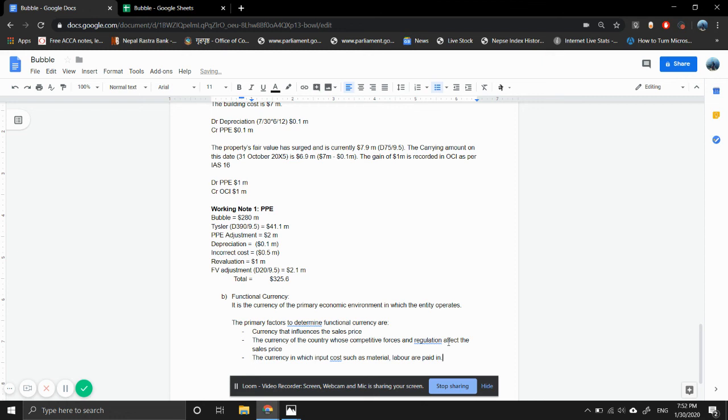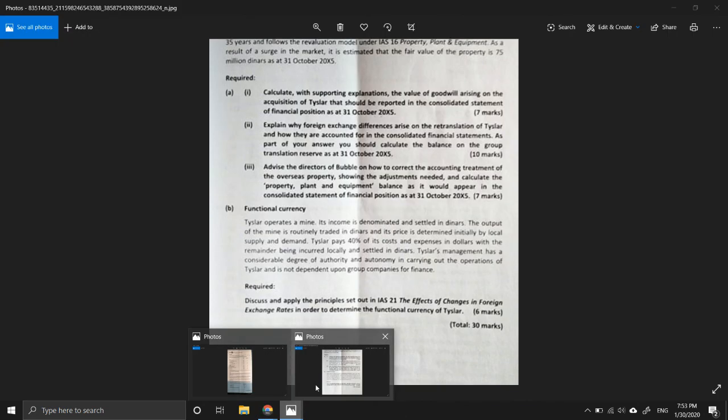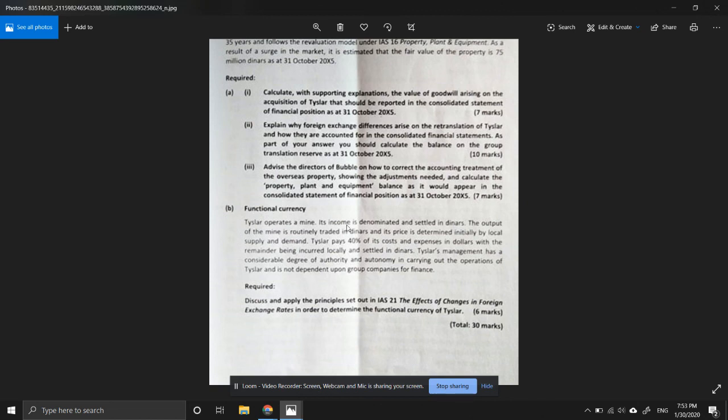So have we satisfied those conditions or not? Let's determine that first of all. So in case of Tislar, Tislar operates a mine. Its income is denominated and settled in dinars.